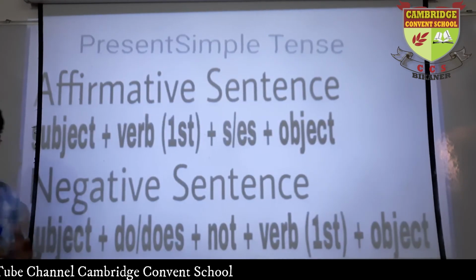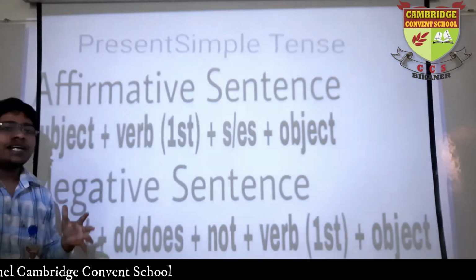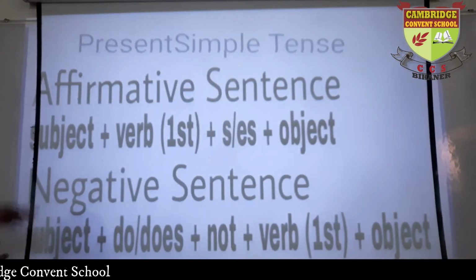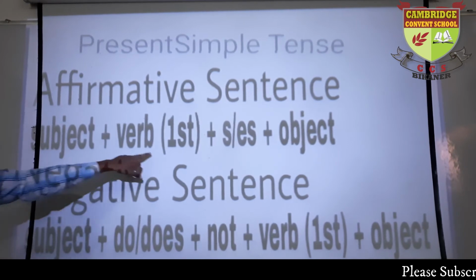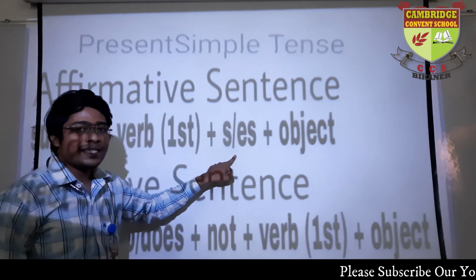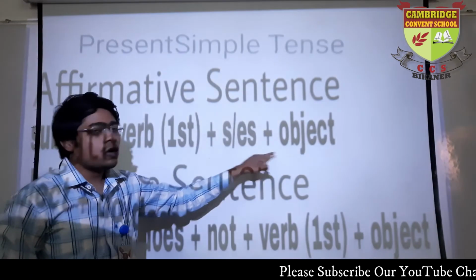So let's discuss the structure of the present indefinite tense. For the affirmative sentence, the structure is subject plus verb's first form plus s or es as necessary, plus object.